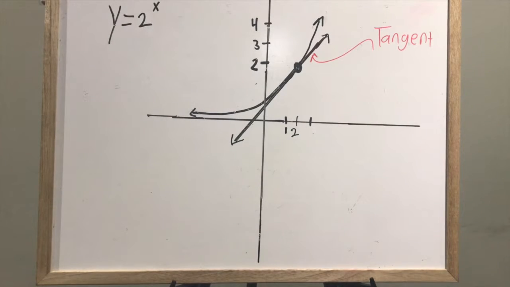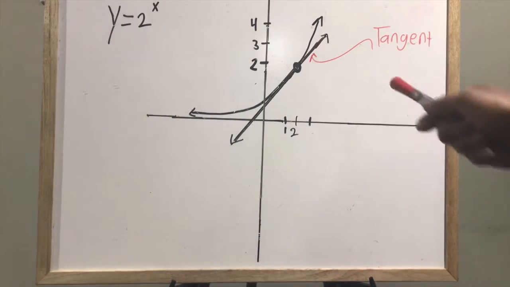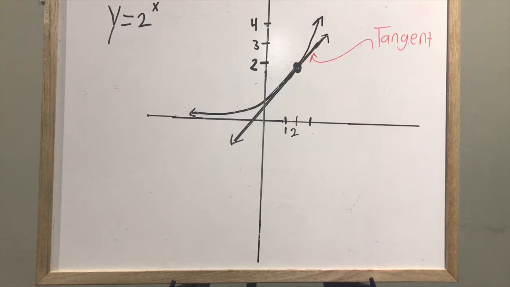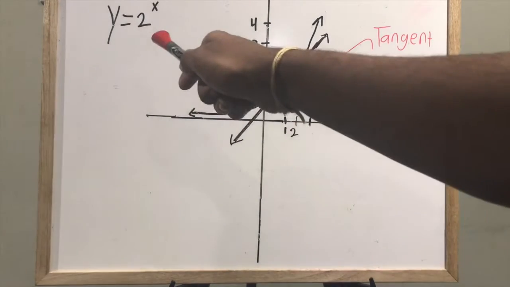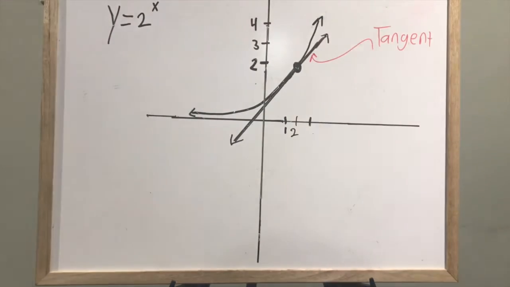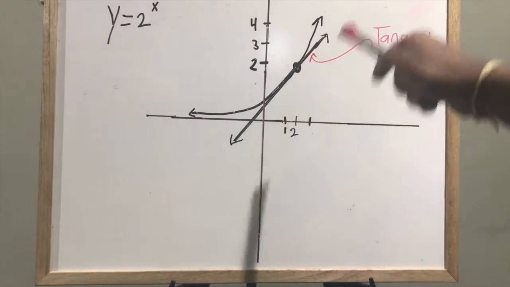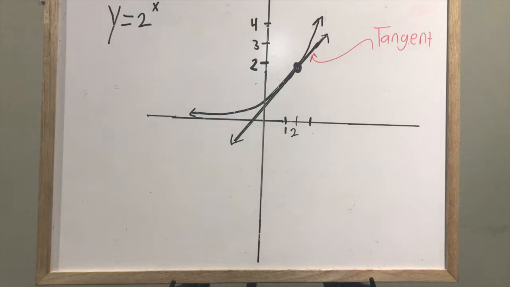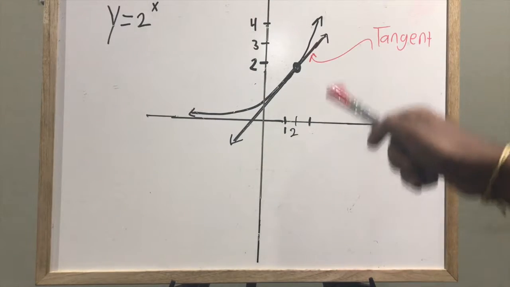So, in order to grasp an understanding of how we can use a tangent to calculate, or in this case estimate, the IROC, we have an example up on the board. As you can see, the equation reads y equals 2 to the exponent x. So this curve right here models that very same equation. Now this line, if you notice carefully, is only intersecting that equation at one specific point, x equals 2.